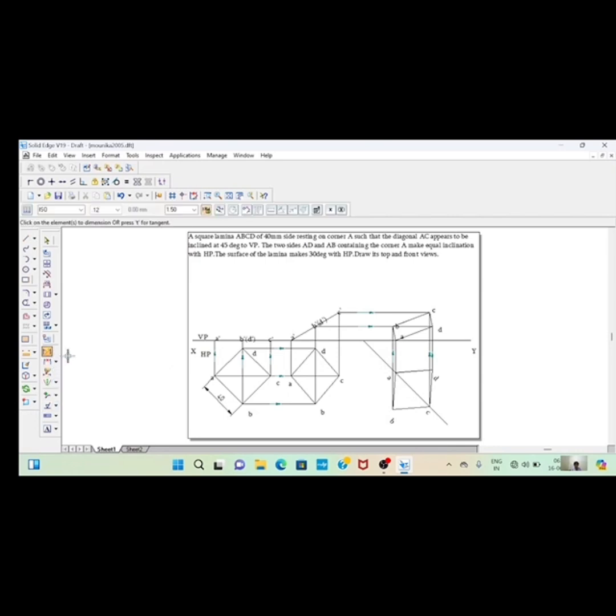Go to angle between and measure the angle.